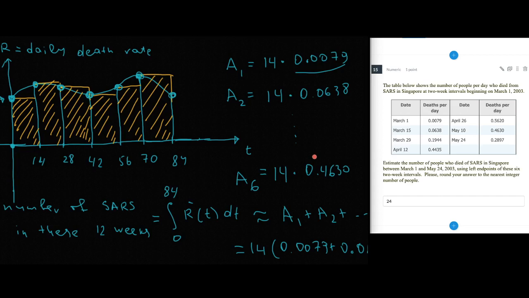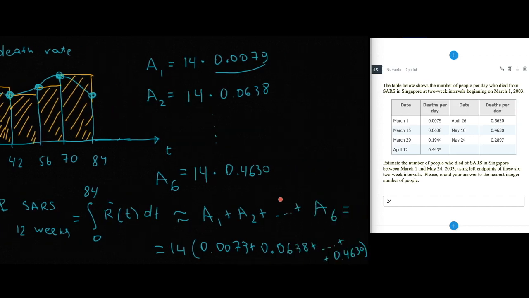And the total number of deaths during these 6 2-week intervals will be equal to the sum of these approximations, A1 plus A2 plus etc. plus A6. Now, all of these areas are equal to 14 times height.